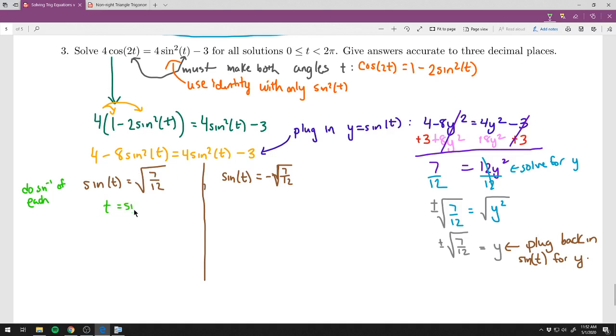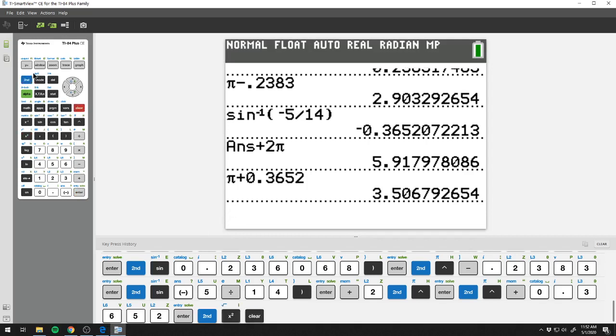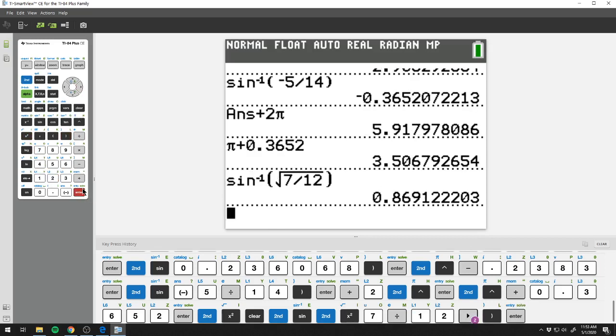We get t equals sine inverse of the square root of 7 over 12. Let's see what that is. Oops, that is not sine inverse of square root of 7 divided by 12. And we get 0.8691.